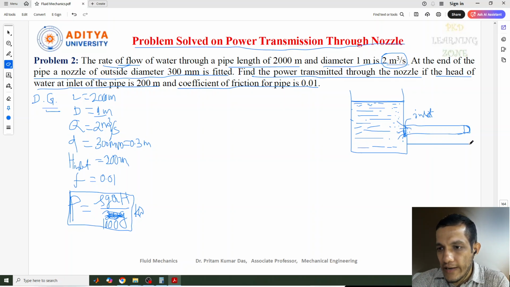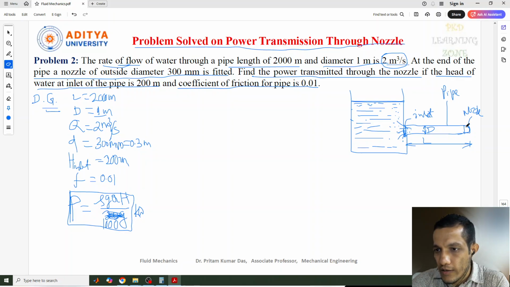This is the total length of the pipe, L, and this is the diameter of the pipe, capital D, and this is the nozzle part. This is the nozzle, and this is the pipe.